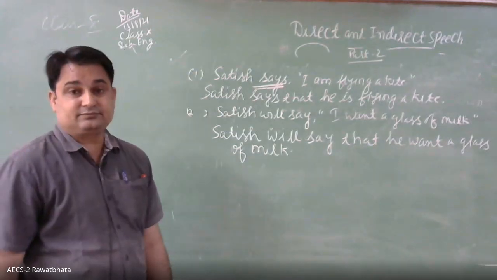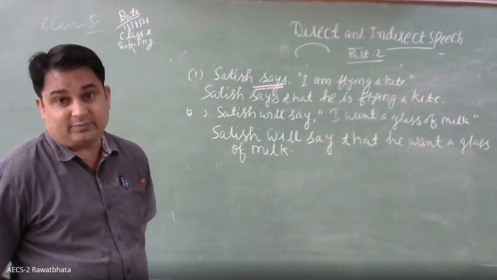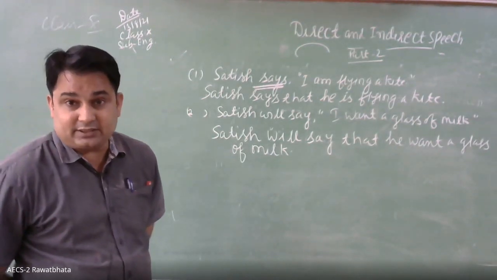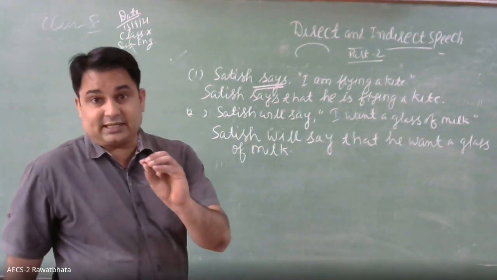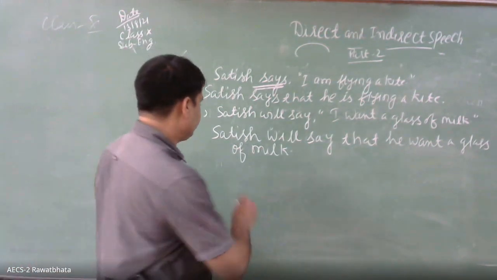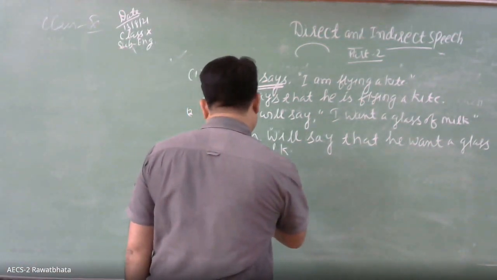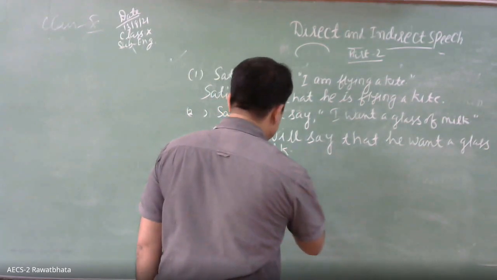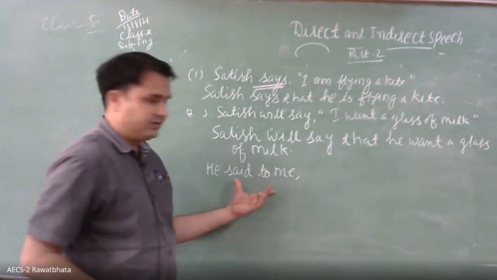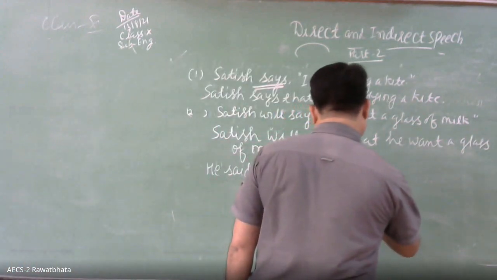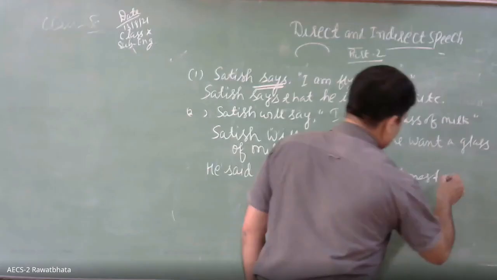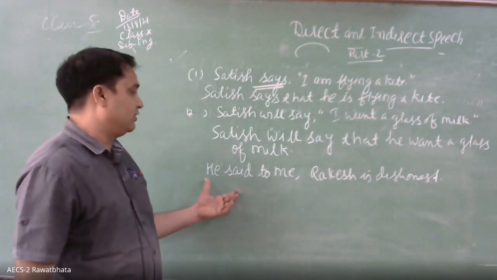Sadhna asks what happens in the case of told. Beta, in the case of told, I said that if after the subject there is an object, he said to me, Rakesh is dishonest.